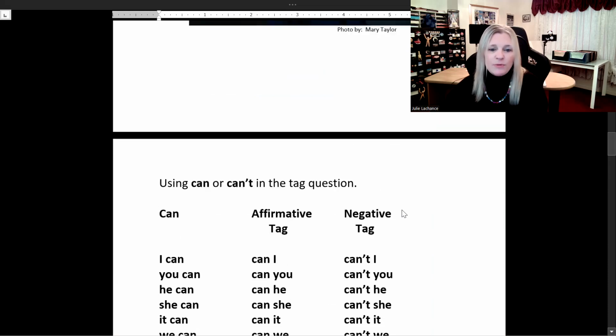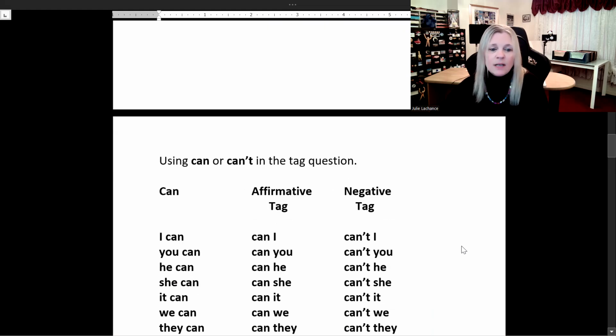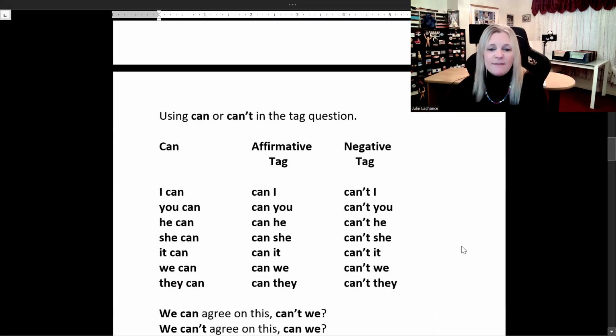Okay, now when we use can or can't in the tag question, I can, the affirmative tag is can I. Negative, can't I. You can, affirmative, can you. Negative, can't you. He can, can he. Can't he, negative.